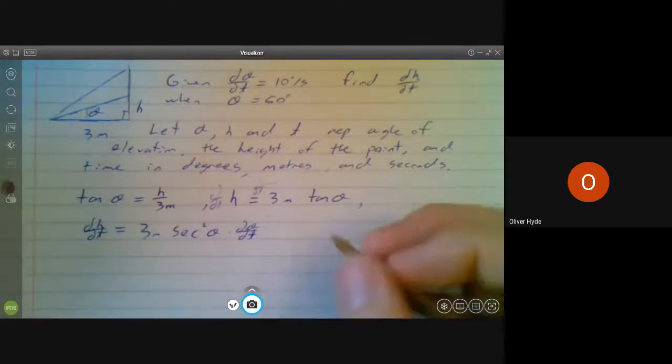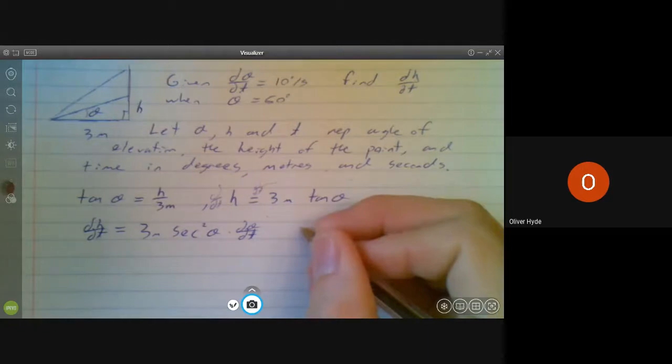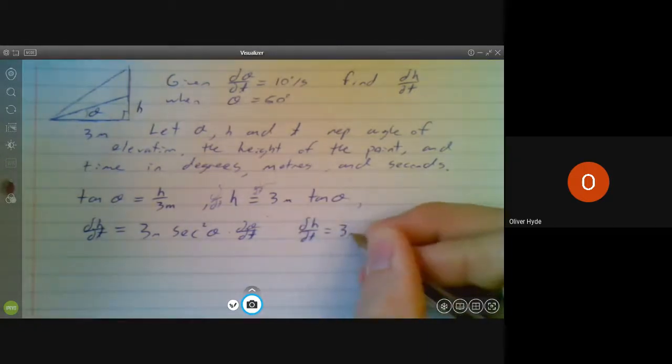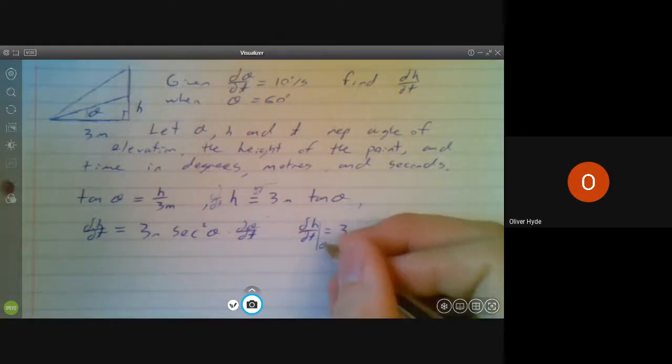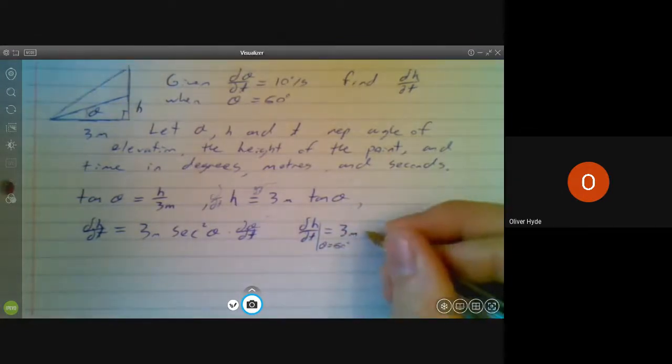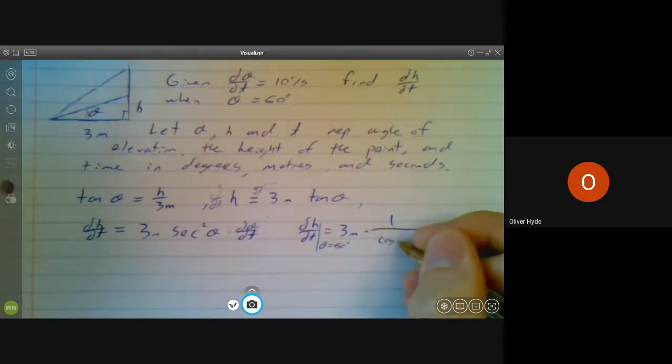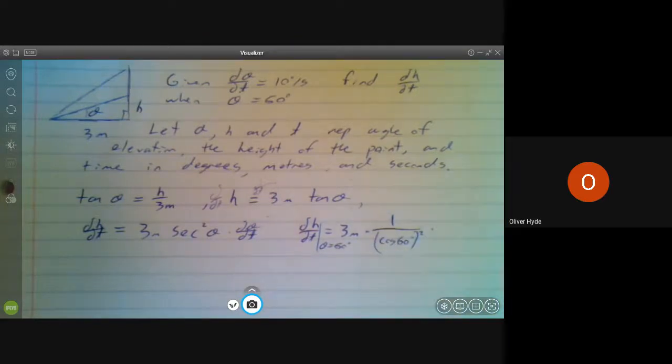But yeah, I think I'm set to substitute in here. dh/dt then is going to be 3 meters, let's say when θ is equal to 60 degrees, is going to be 3 meters multiplied by the reciprocal of the cosine of 60 degrees squared, multiplied by dθ/dt. I'm going to use the 10 degrees per second that I was given.